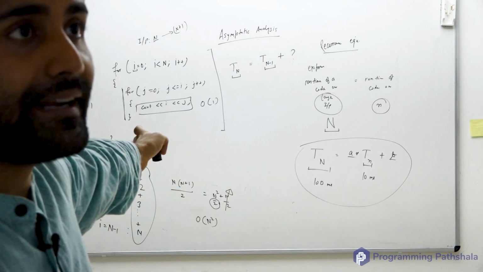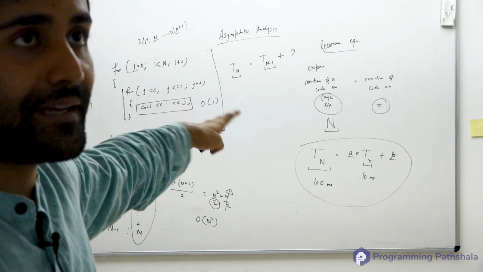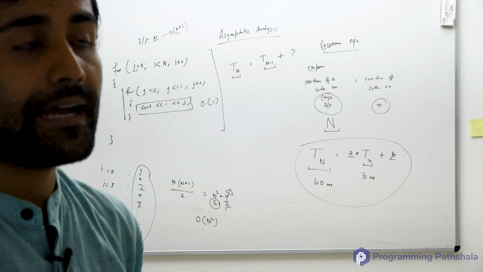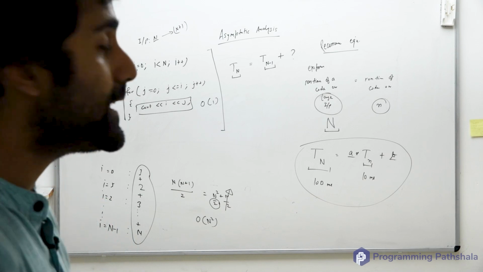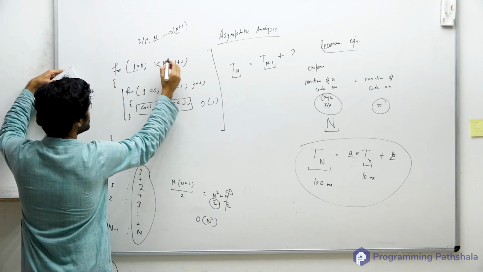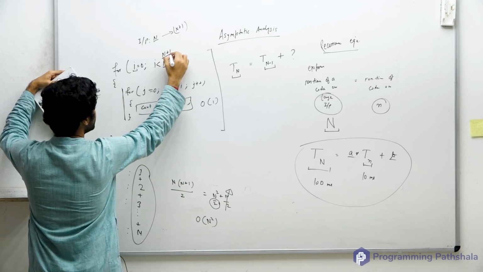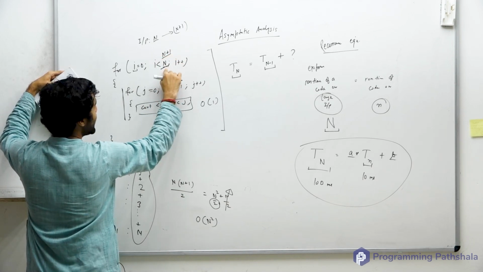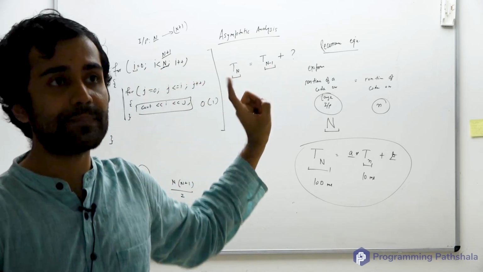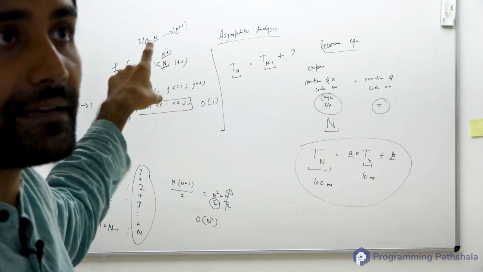If I increment the value of n from n to n plus 1, how many more iterations will happen? I think this is very easy to think. Just think of it like this. If I change this thing to n plus 1, is this the exact scenario like this? Because I have incremented my input size by 1 unit, from n to n plus 1.